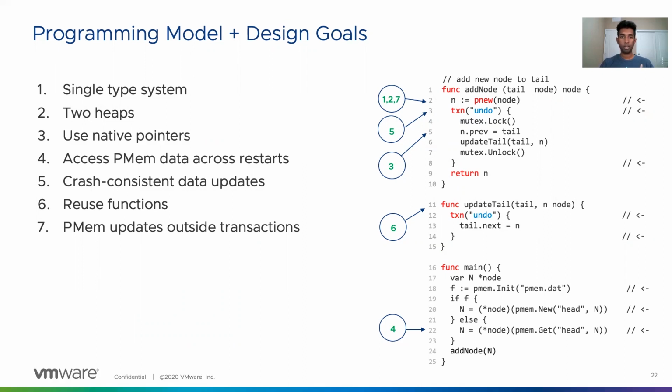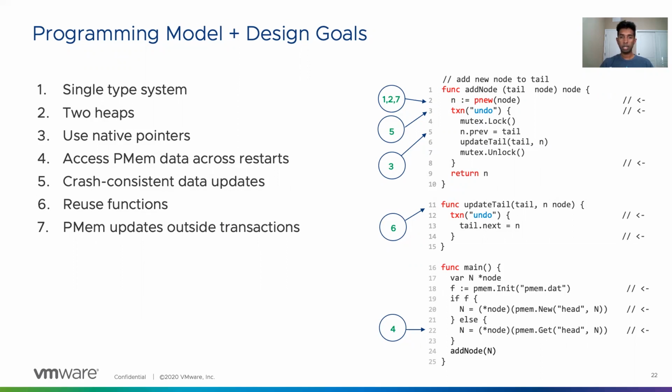The GoPmem runtime automatically manages both the pmem and volatile heap. GoPmem also supports pmem updates outside transactions to objects that are not reachable from a named object. The third line in the code snippet shows how the txn keyword enables crash-consistent data updates.